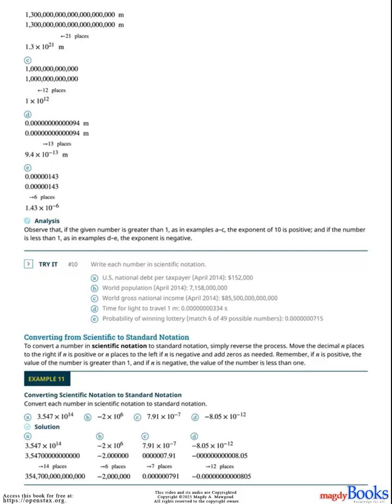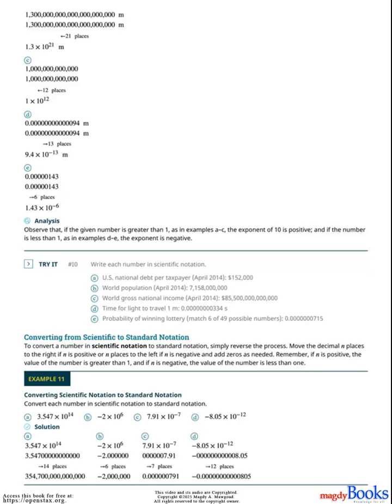Move it 6 places right. 1.43 multiplied by 10 to the power of negative 6. Analysis. Observe that if the given number is greater than 1, as in examples A through C, the exponent of 10 is positive, and if the number is less than 1, as in examples D and E, the exponent is negative.